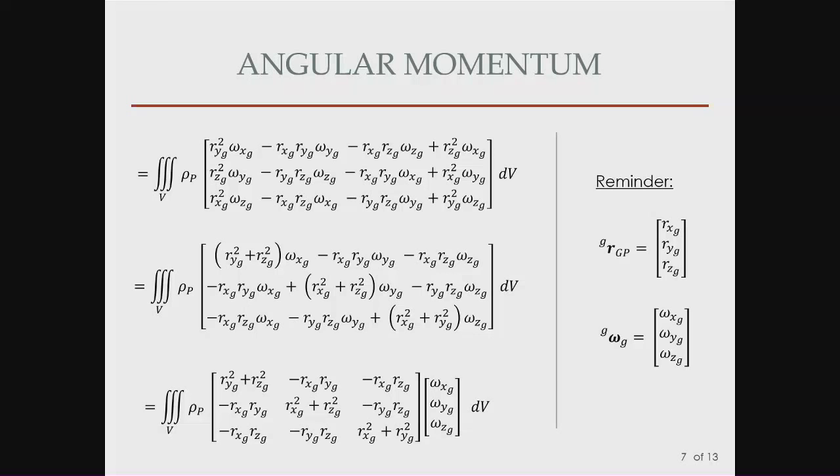Now I'm taking the integral inside the matrix because this vector can go out of the integration. It doesn't depend on point P. Angular velocity is something that is common to the entire rigid body, so I can take it out of the integration.